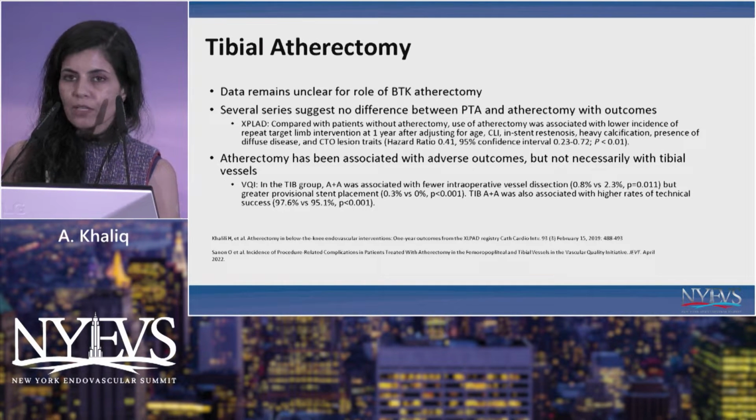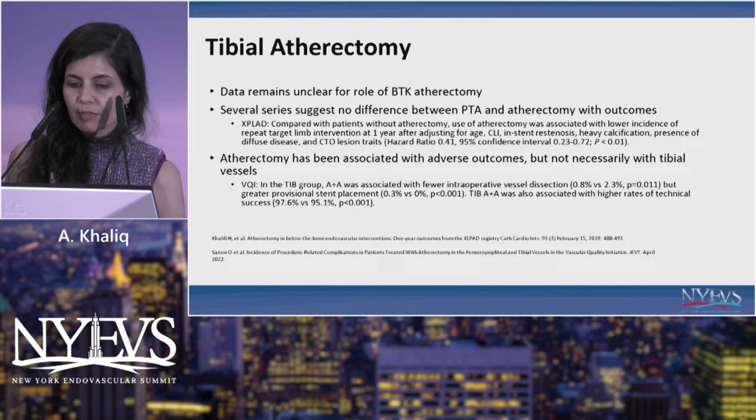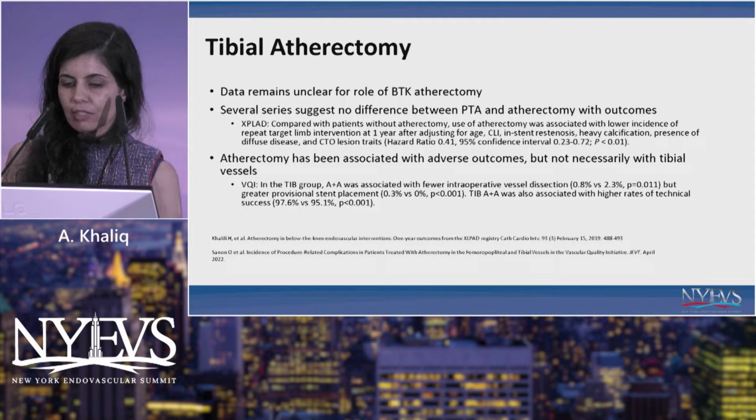However, they show that these outcomes are less so with tibial interventions, which is kind of interesting, because they also go on to say that there are fewer associated dissections in tibials, but more stent use. Regardless, a very high technical success. And that's the best we can say, that these are somewhat safe and lead to better procedural success. Next.